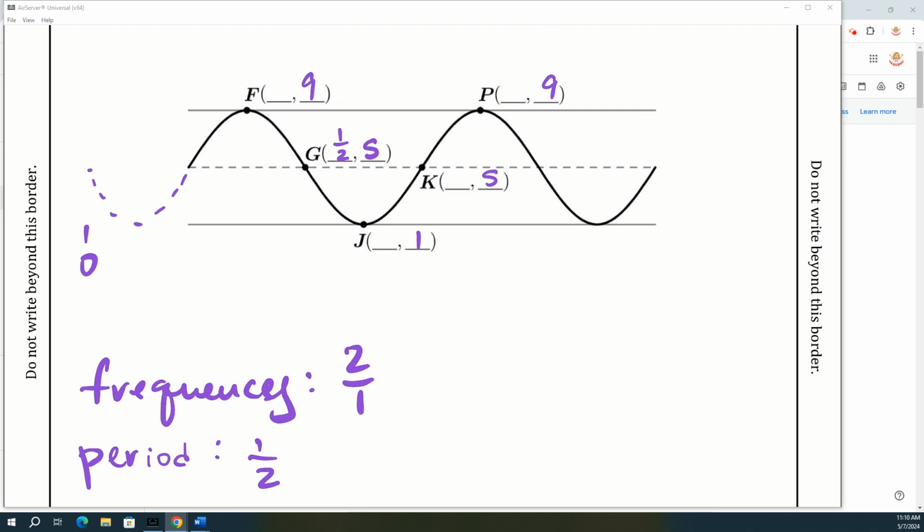All right, so when we did this before, we would find halfway points. And so here, the T value is 1/2. This one here should be halfway between 0 and 1/2. What would that be? 1/4. That's not an answer to our question, but we're getting there. All right, and then F is going to be halfway between 1/4 and 1/2.